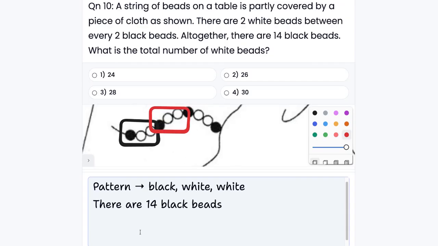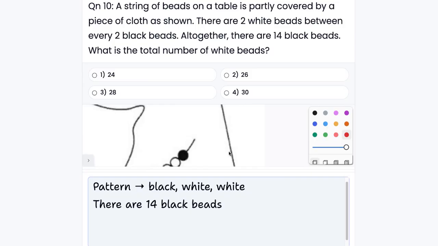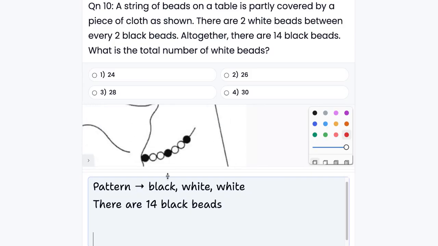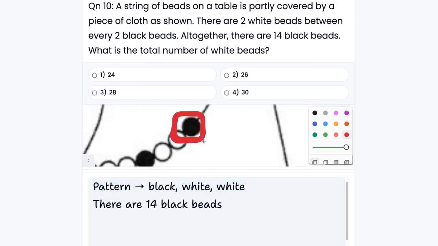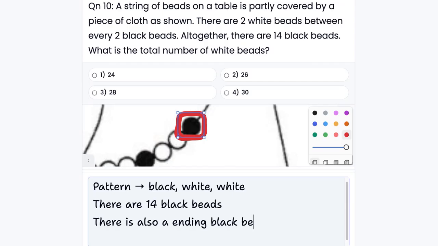Now there are 14 black beads. One thing you need to know about the pattern is that there is an ending pattern over here, so there is also an ending black bead.